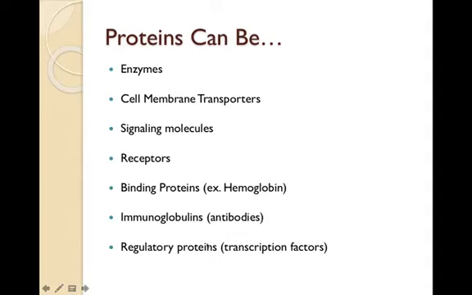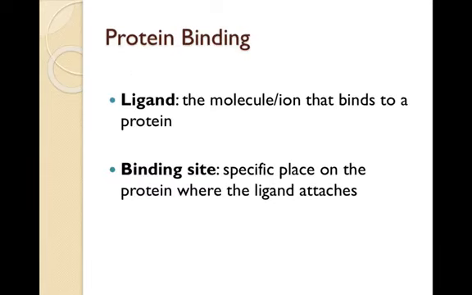And proteins are also used for regulatory purposes, with the turning on and off of genes within the nucleus of the cell, and allowing for certain genes to be upregulated or downregulated depending on different signals that the cell will get.